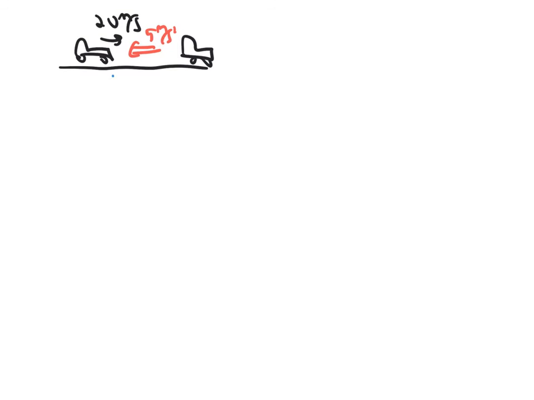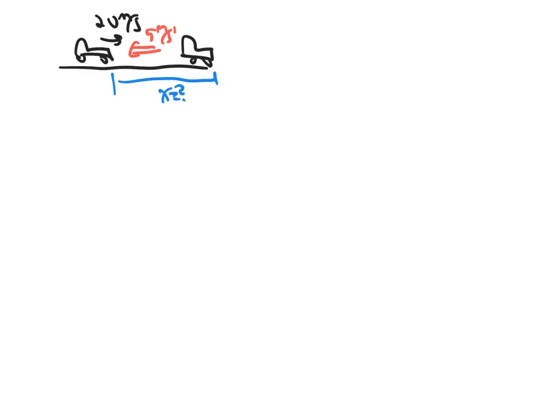So we have a car and it's going at 20 meters per second, and then eventually it stops because it was decelerating at 5 meters per second squared. And the question is, how far does it travel? Its so-called stopping distance.